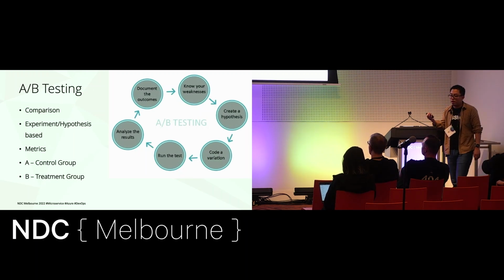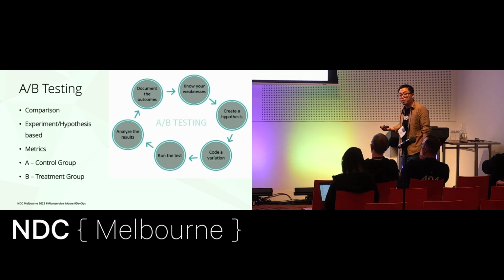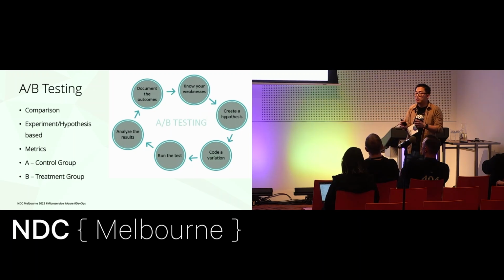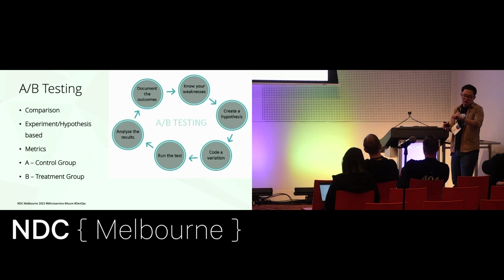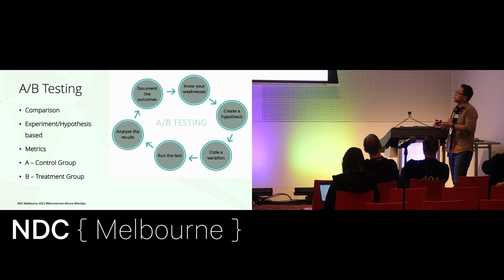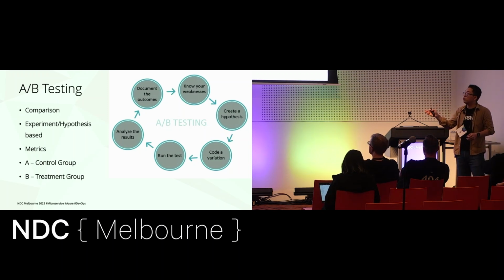So we run experiments. In order to run experiments, we need to have a hypothesis to begin with. And then we need to work out what metrics can help us prove the value that we collect from the experiment, which can help us justify and prove either A is better or B is better. Usually we call group A the control group, and we have the treatment group.